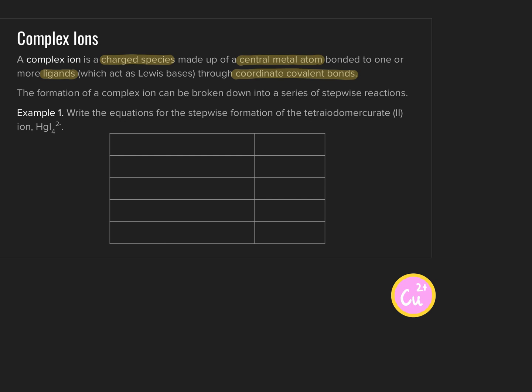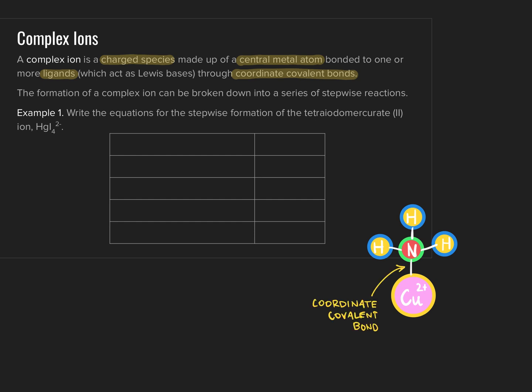So upon the addition of excess ammonia, if we draw a real quick Lewis dot structure here, you see that ammonia molecule has a lone pair of electrons that is a negatively charged site on each ammonia molecule. And therefore, that ammonia molecule can act as a Lewis base, donating the electron pair, in doing so, forming a coordinate covalent bond to the copper-2 ion.